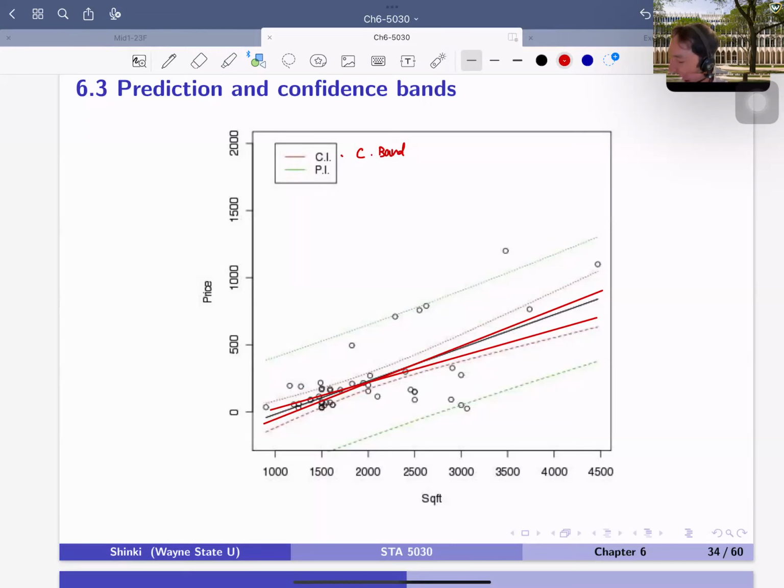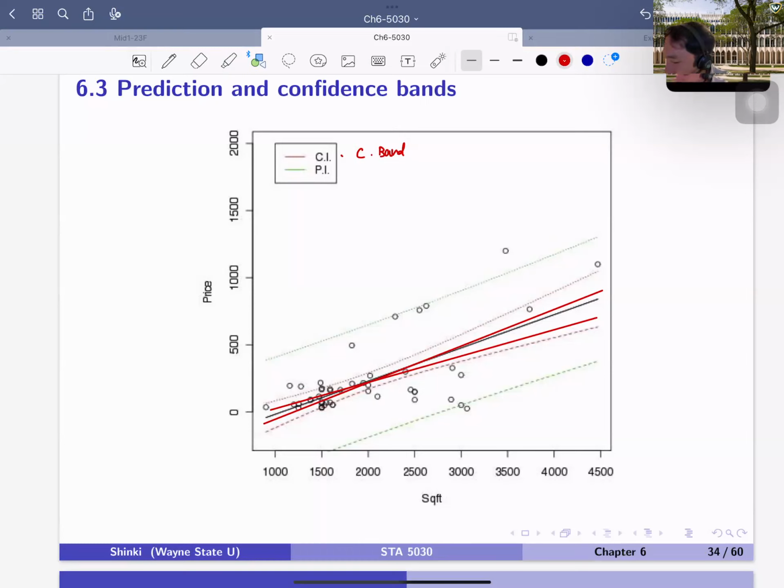Yeah, so it's slightly different from the statement that the fitted line is within this interval with 95% probability; rather, we have the true line, and this red band includes the true line with 95% probability.